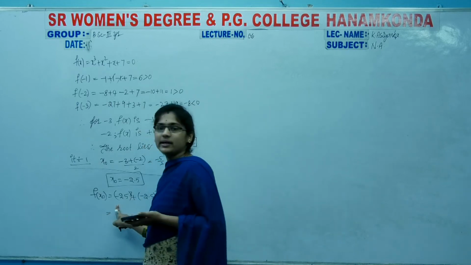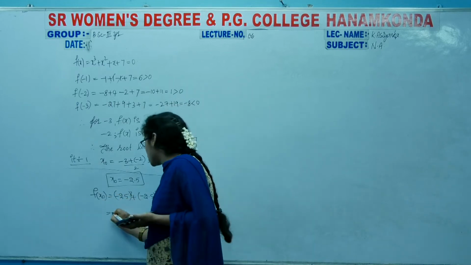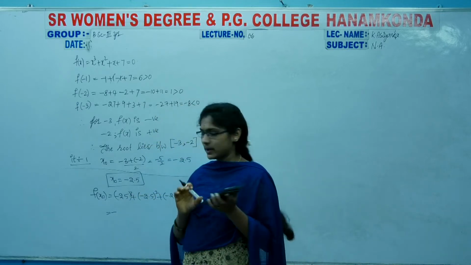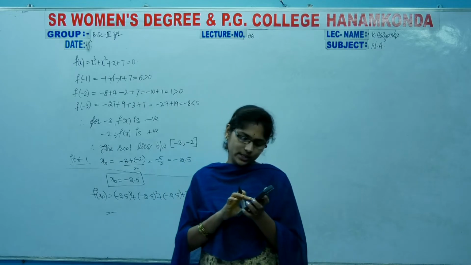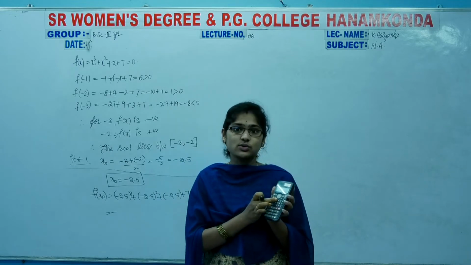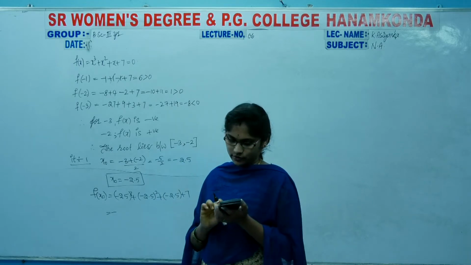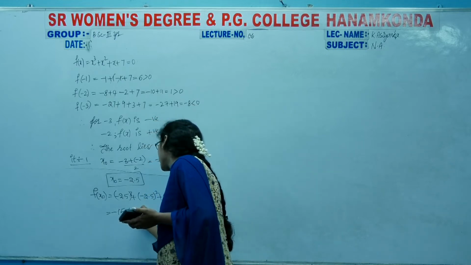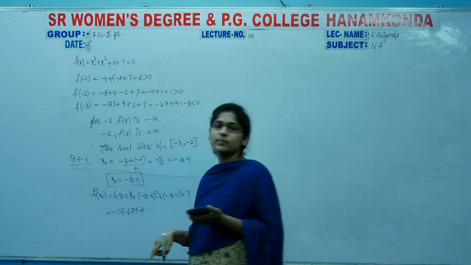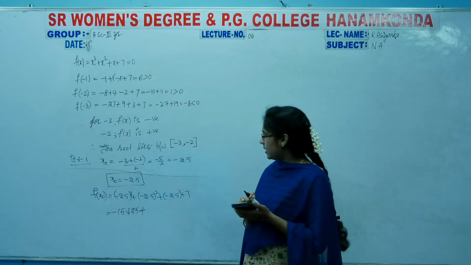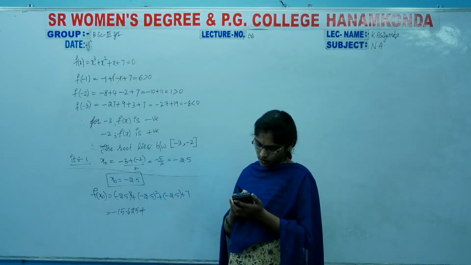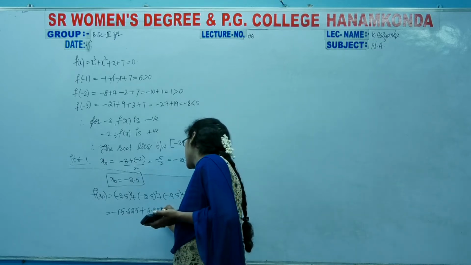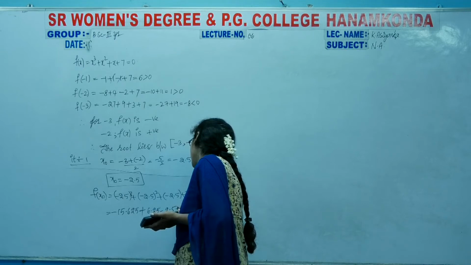Already we know that minus 1 whole cube is minus, so minus 2.5 whole cube is minus 15.625. Next plus, because minus 1 whole square is 1, 2.5 whole square is 6.25, minus 2.5 plus 7.